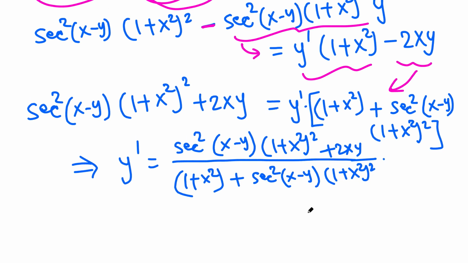And do not try to simplify. Okay, it does not look good, but this is what we are given. So dy over dx, I mean this is shorthand notation for dy over dx, is this big expression, final.